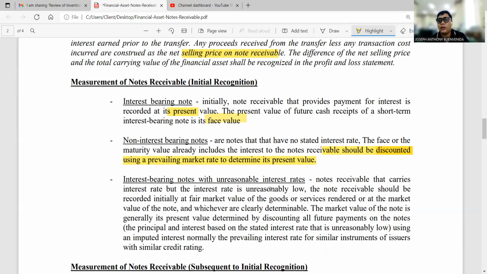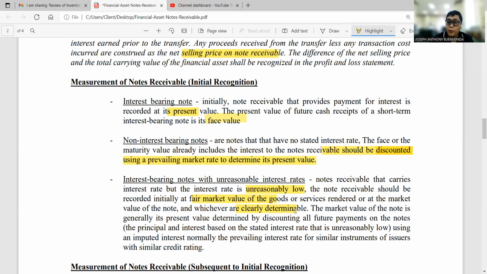So for a note receivable that carries an interest rate that is unreasonably low, as if there is a loan but the interest rate is very, very low, the note receivable should be recorded initially at the fair market value of the goods or services rendered or the market value of the note, whichever is clearly determinable.